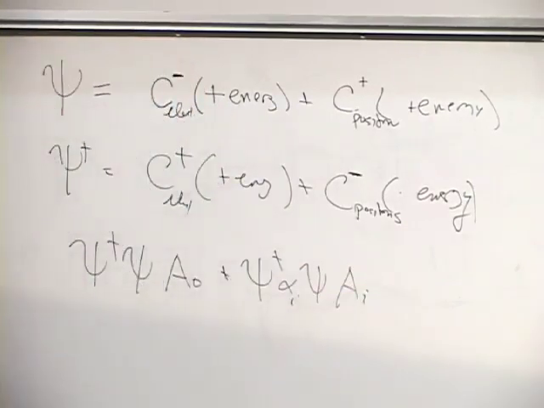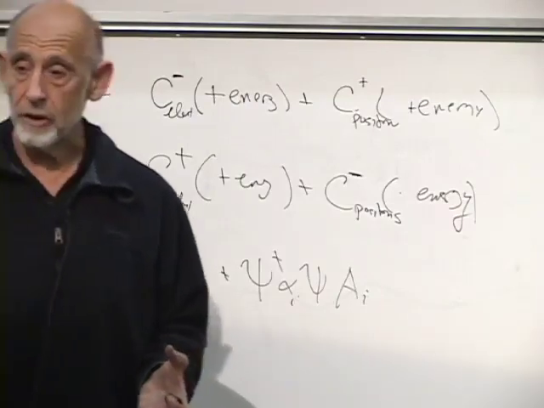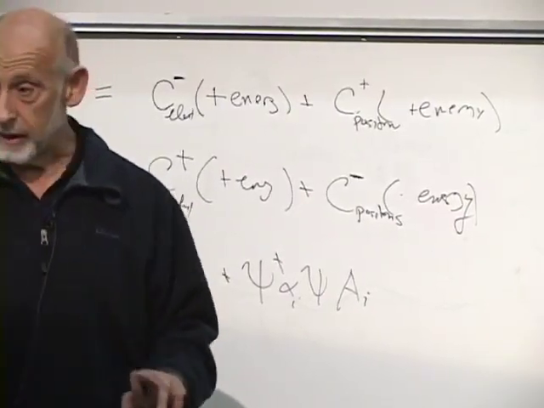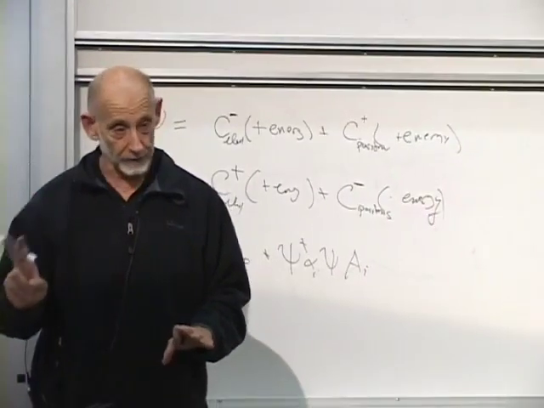What is this thing I call A? The thing I call A is just the field operator for photons. Photons, of course, are particles which have a directionality, their polarization. Their polarization is a little vector.